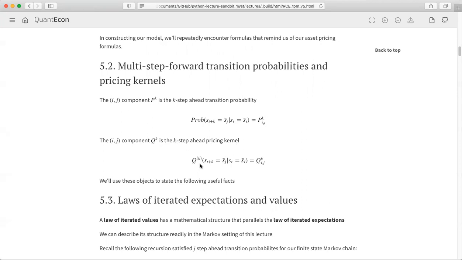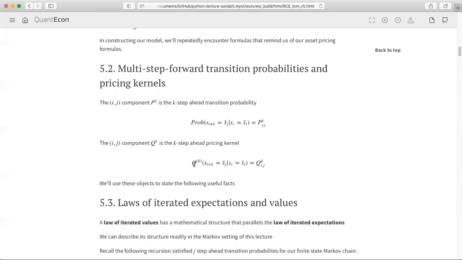So that's the price of 1 unit of consumption in state j at date t plus k, given that today's state is i. That's what this says. Okay.